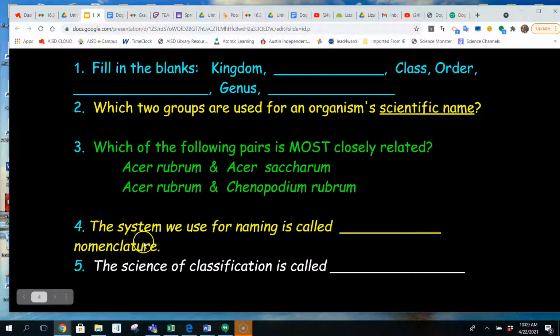And then the next one is, the system used for naming all this is called the blank nomenclature. And then the last one, the science of classification, is called blank. I'll give you a hint. It starts with TAX. So you're writing this down on your worksheet.